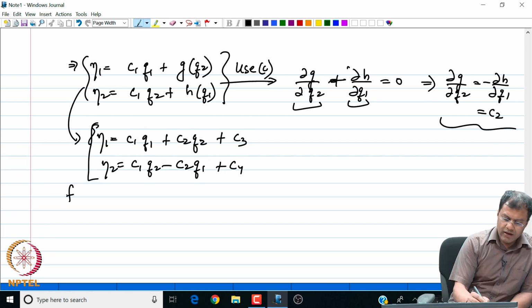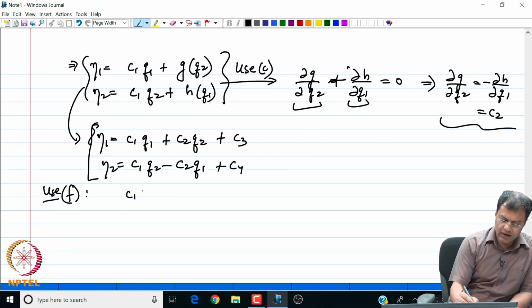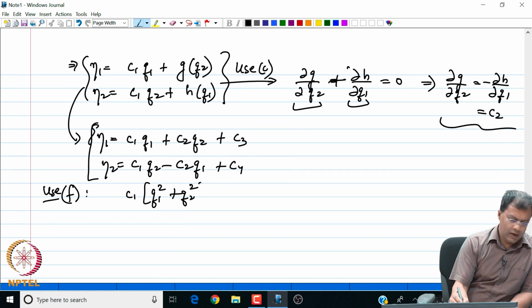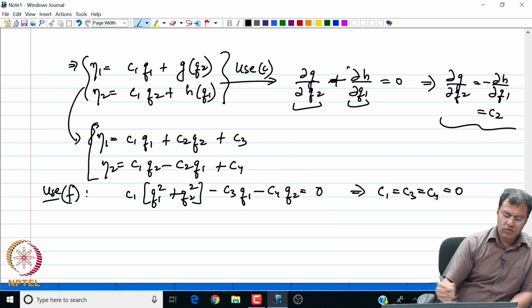Finally, if I use my condition F, I plug in the last relation, and I see that C1 q1 square plus q2 square minus C3 q1 minus C4 q2 is equal to 0. If I were to equate this, I get that C1 is equal to C3 is equal to C4 is equal to 0.